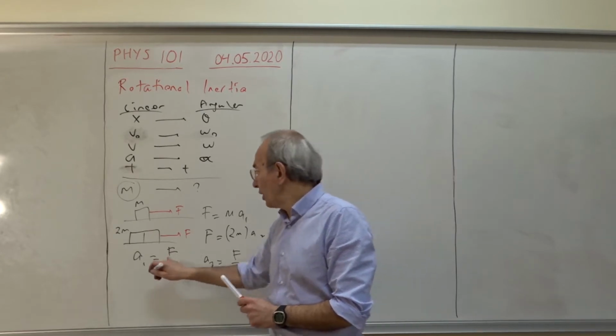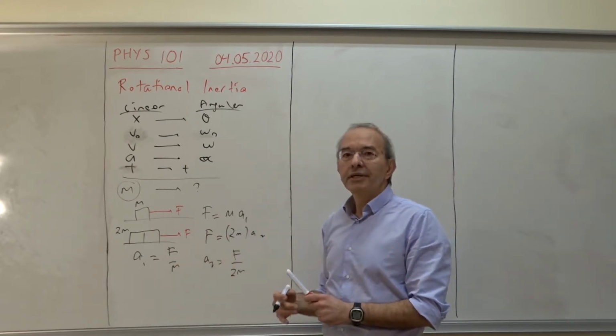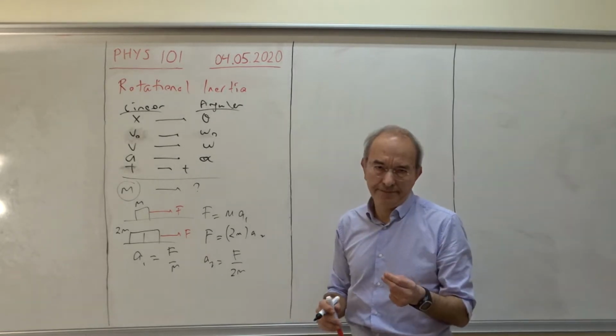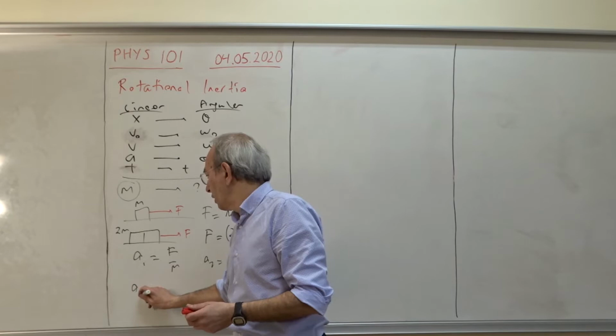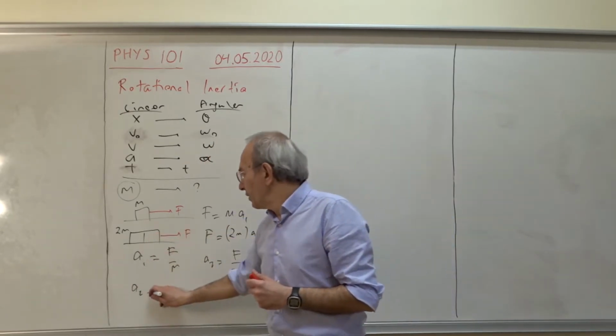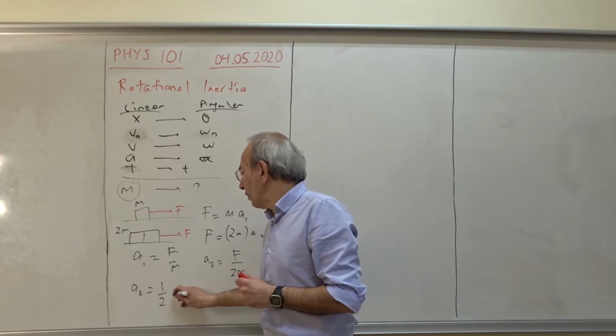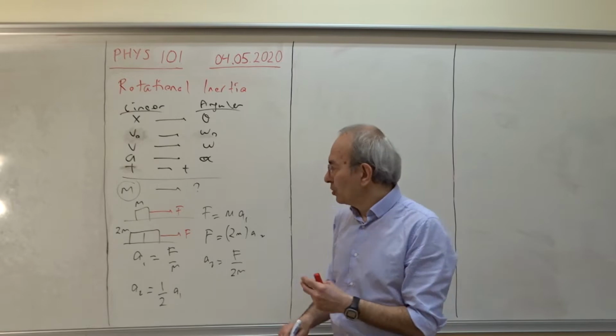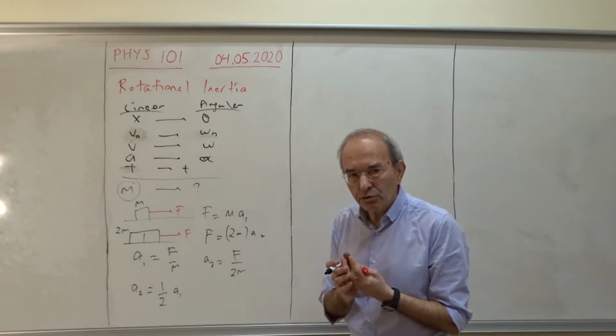In other words, as we see from this simple comparison, a2 is 1/2 a1. So the acceleration of the second block, which has twice the mass of the first, is now 1/2 of the first block's acceleration. So now we can have a simple conclusion.